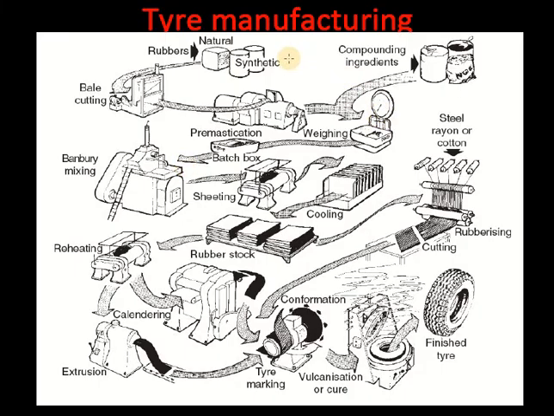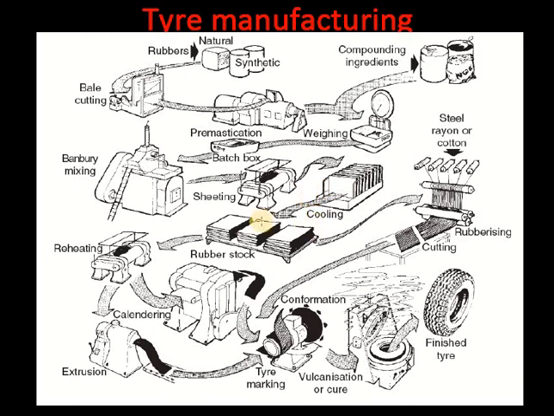So finally, tire manufacturing: natural and synthetic rubber comes with the belly cutting, and after that with the compounding ingredients and the weighing of the required amount, we go with the batch box and the Banbury mixing. Then sheeting will be done, and this is cooled.